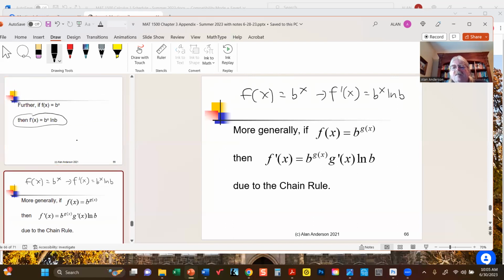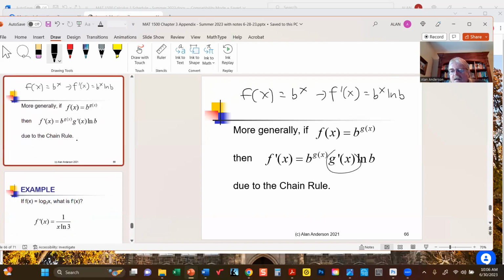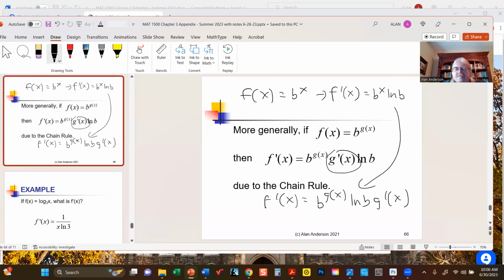If instead it's b to the g of x, then based on the chain rule, it's b to the g of x times g prime of x. And so you notice the log b is here. This is the new part. In fact, maybe what we should do is write this like this, so you can see the comparison between the two cases.